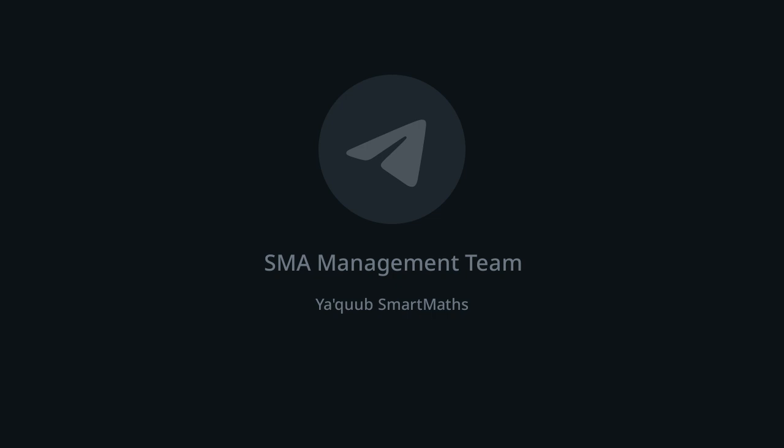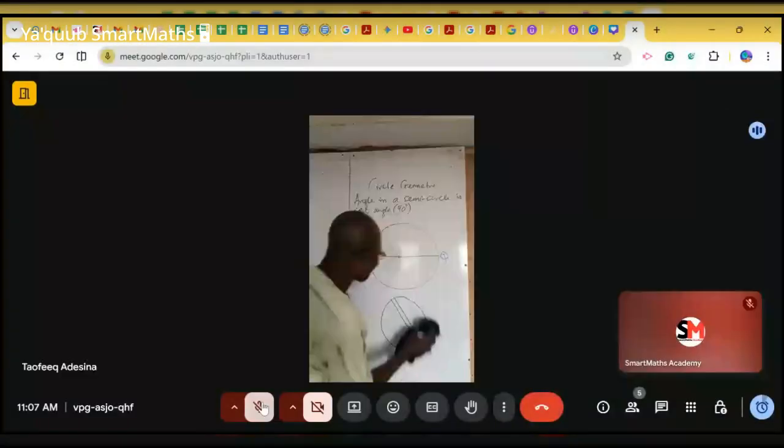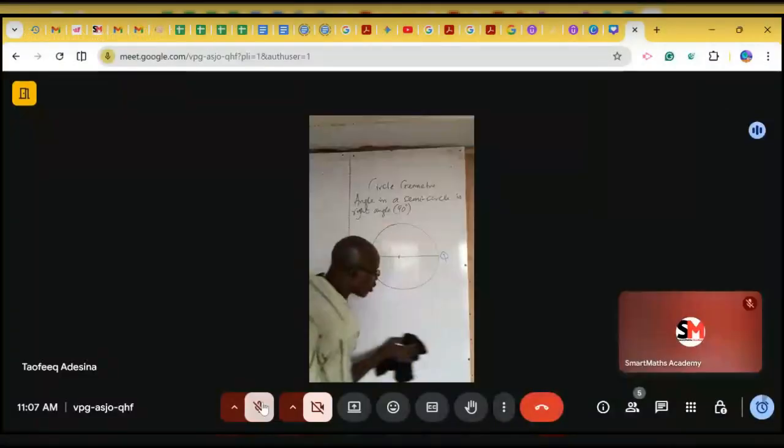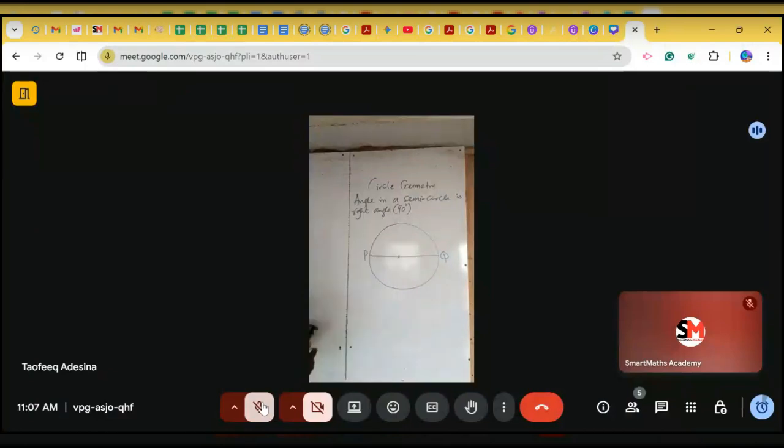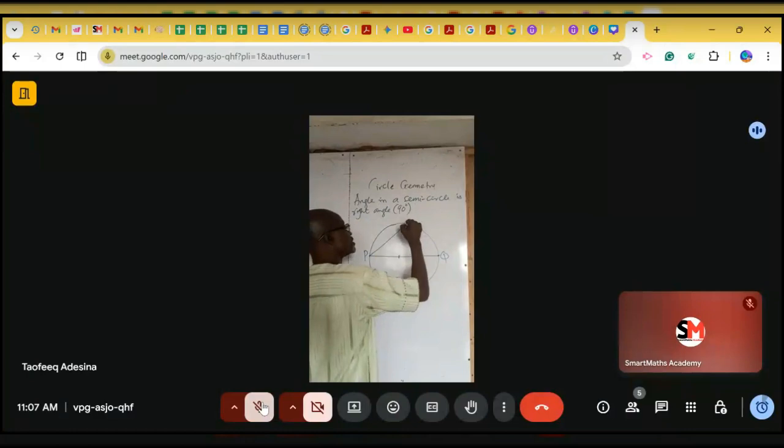No. So they must say that the line we have drawn is a diameter. And the diameter divides the circle into two. That's how we get a semicircle. The angle in a semicircle is a right angle. That is, for this diameter, any angle formed on the circumference must be 90 degrees. Nothing more.